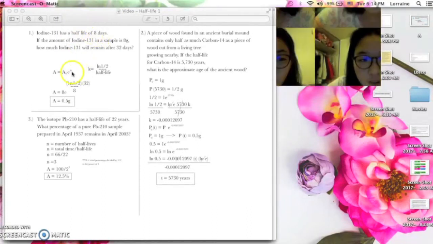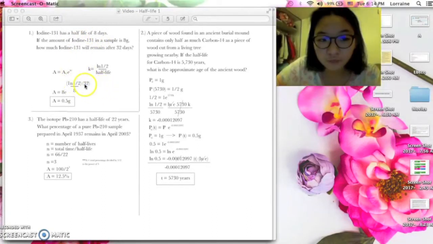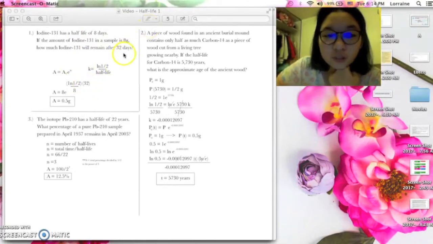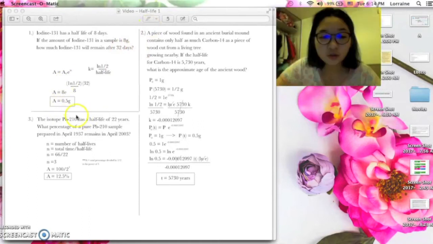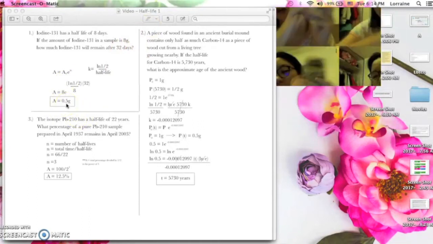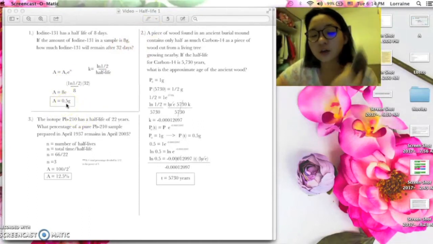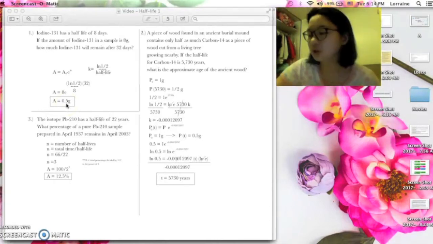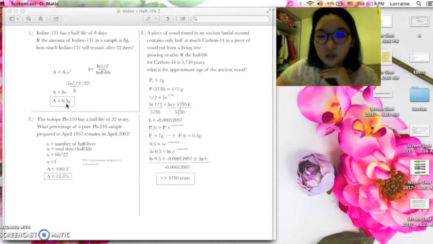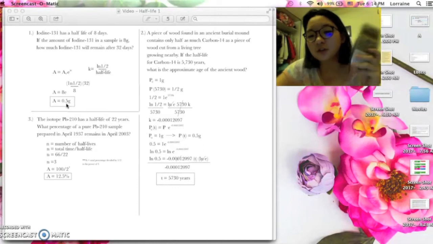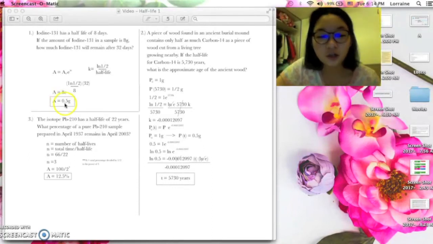Then we multiply it with the total time, which is 32 days. When we solve that using our calculator, or for the IB, it's actually the graphing calculator, but for physics you can use this calculator, the answer will be 0.5 grams.